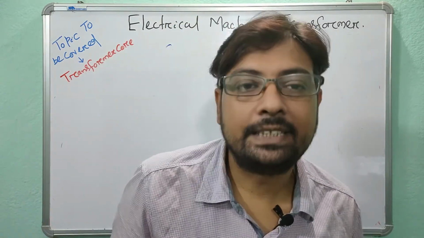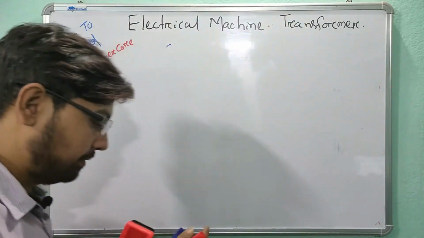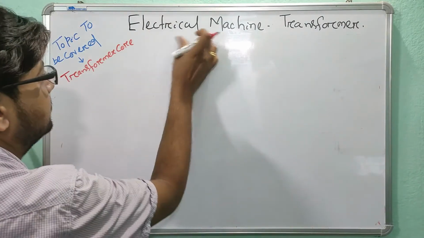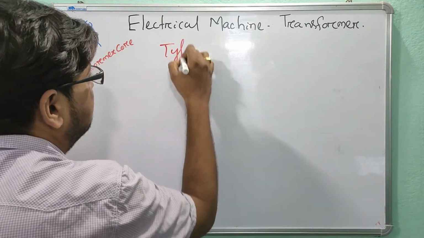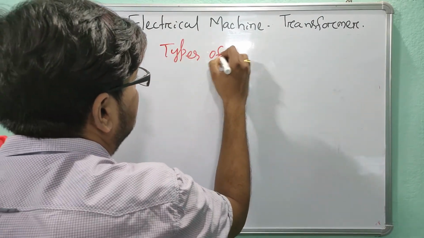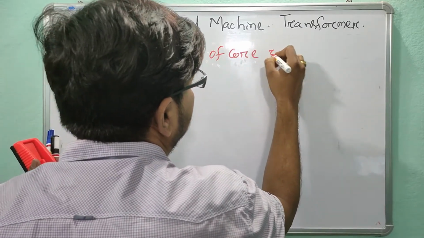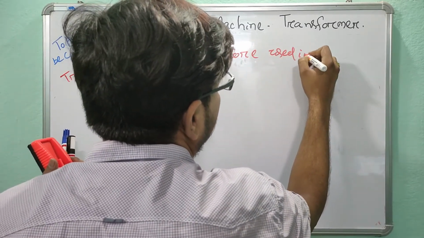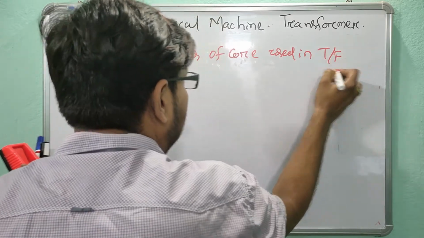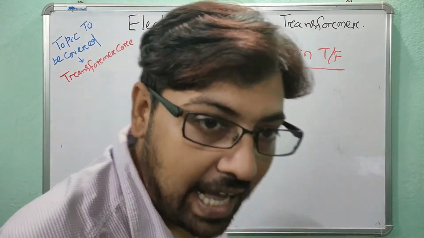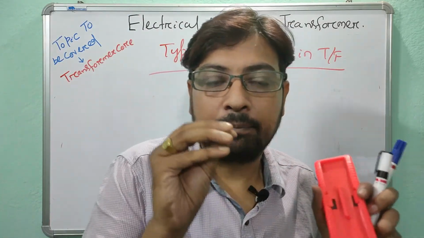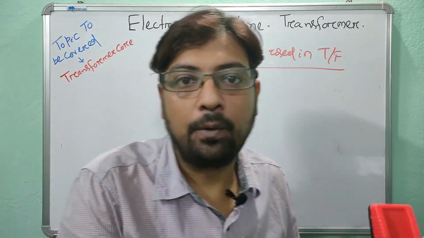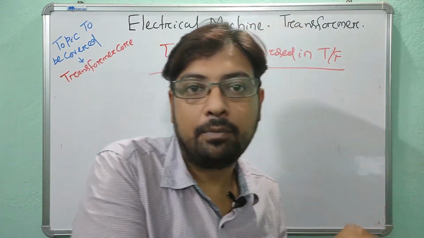Next we will discuss types of core used in the transformer. Now, as you know, the flux is produced in the core and transferred from one core to another.